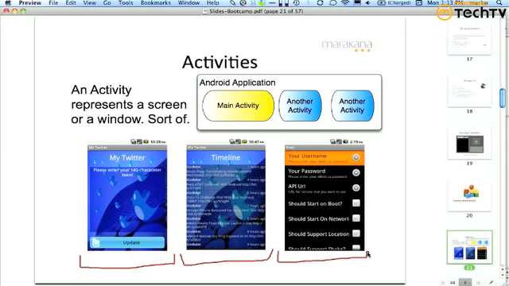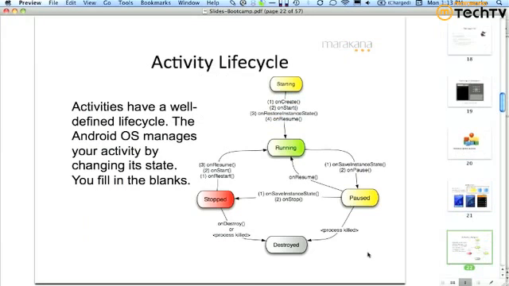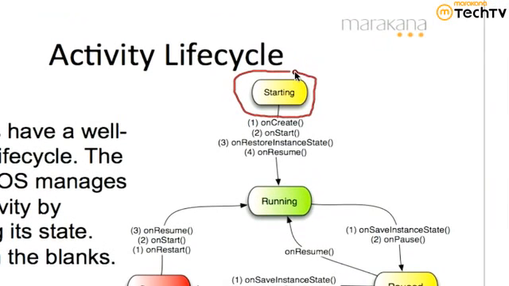Roughly one screen, right? So one thing that you need to know about activities is that their life cycle is heavily managed by the system. There's a specific life cycle, and activities adhere to it. At the beginning of the day, your activity doesn't exist, so it's in a starting mode.